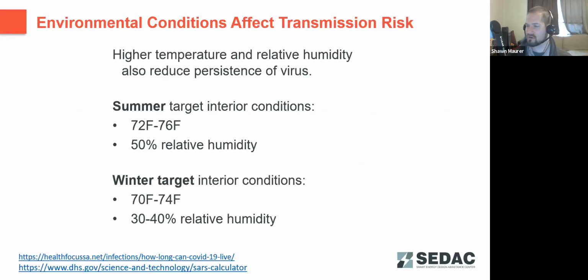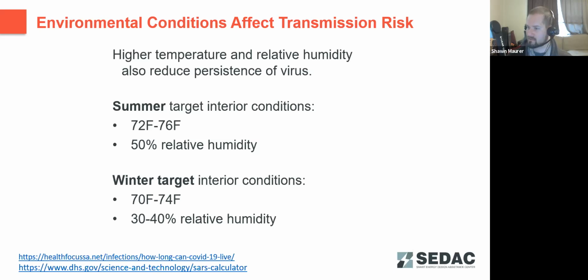We also know that there are some impacts of the environment on the duration and persistence of that virus in the air. We do know that higher temperature and higher relative humidity reduce the persistence of that virus. For that reason, we have some suggested temperatures and relative humidity levels listed here. The temperatures fall in the ASHRAE comfort guidelines.